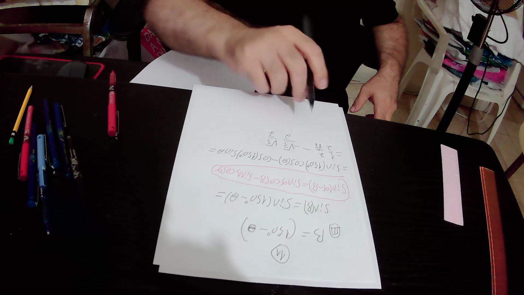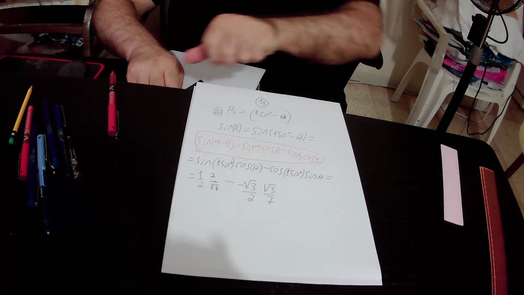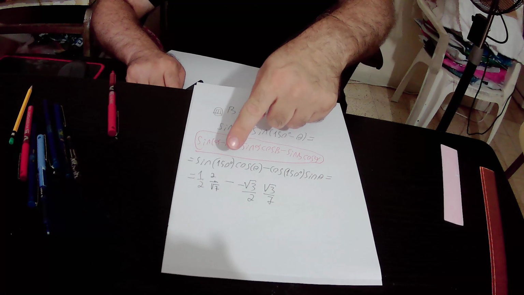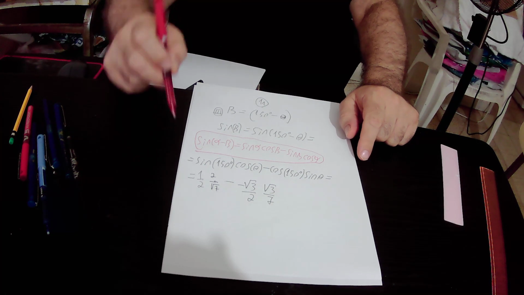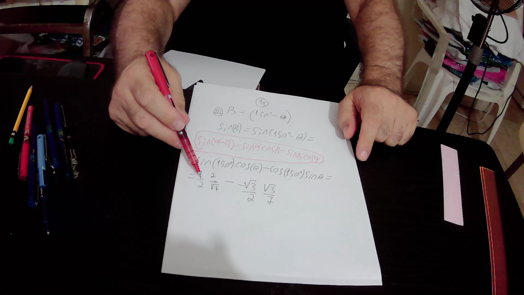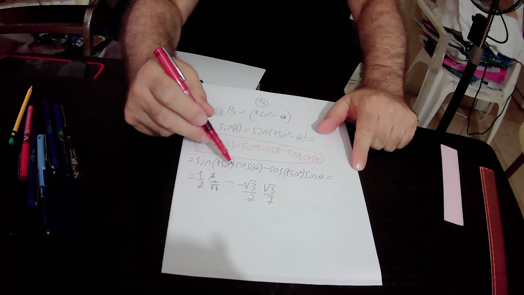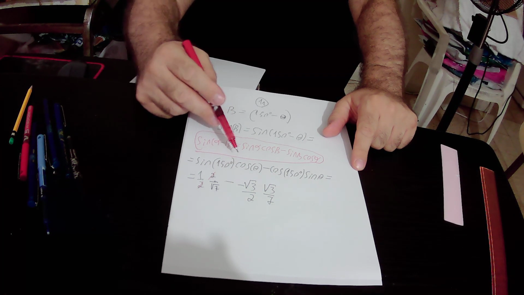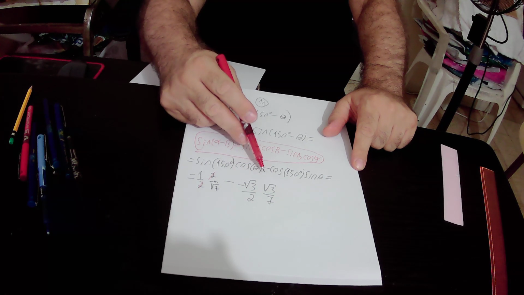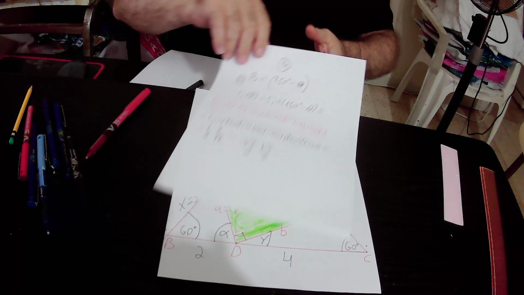So we actually got that in total 1 over 2 times 2 over root 7. So here we have 2 in the numerator and 2 in the denominator of this expression, so 2 can be cancelled. Minus, here we have minus times minus, minus times minus is plus, and we have here root 3 times root 3. Root 3 times root 3 is 3. So I write it down.